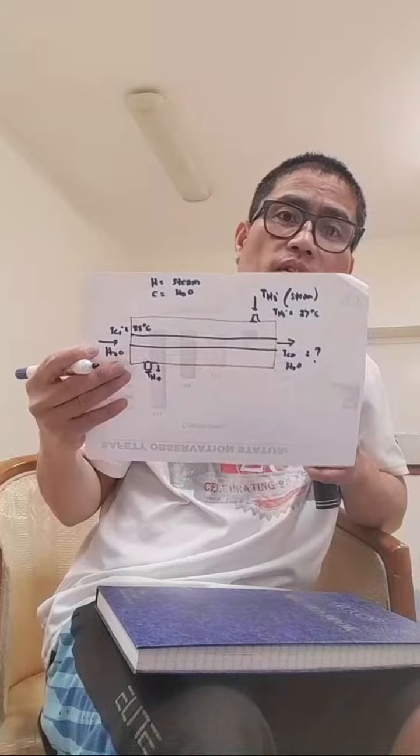And then what is the temperature of the steam that goes out at the other corner? That is the THO. So two are required, TCO and THO. This is our required. Okay, guys, so one, TCO, and two, THO.